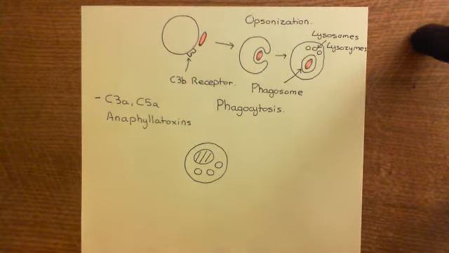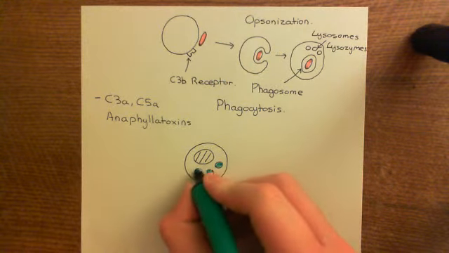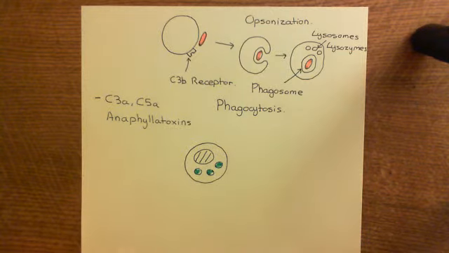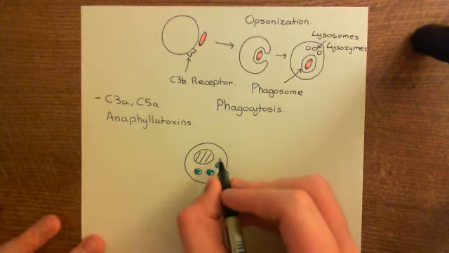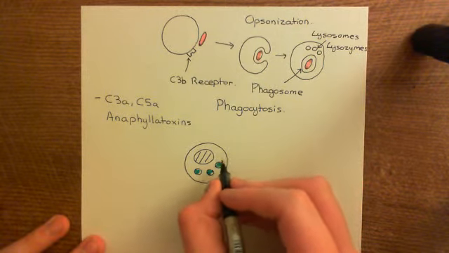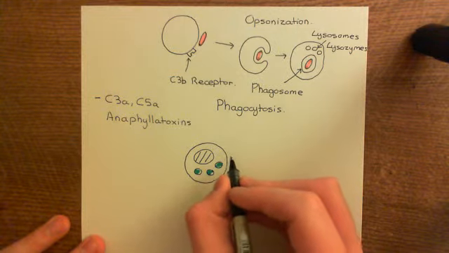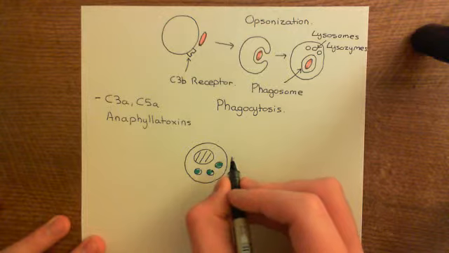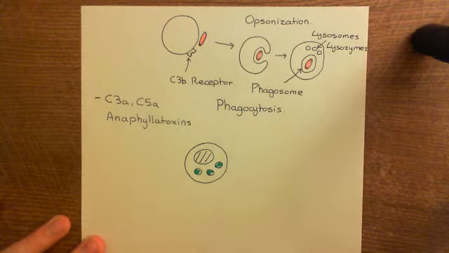So let's put in the histamine as these turquoise dots here. These are histamine granules within our mast cell. And we remember that the mast cells degranulated. They released histamine into the interstitial fluid in response to detecting pathogen-associated molecular patterns with their pattern recognition receptors, and that signified to them that there was a pathogen present.